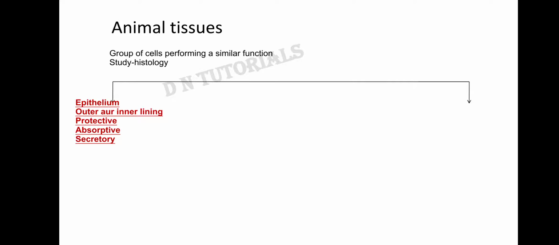Apart from absorption, the small intestine also plays a crucial role in digestion of the substances. So the epithelial lining of the small intestine also releases certain enzymes and certain digestive juices. So your epithelium is not only protective, it is also absorptive and it is also secretory, right?